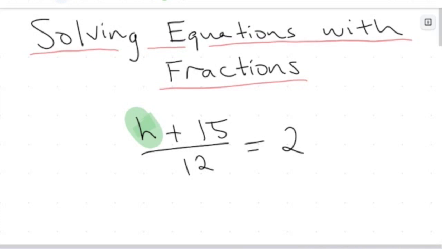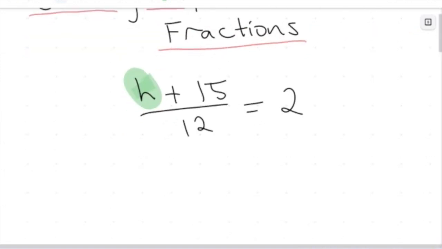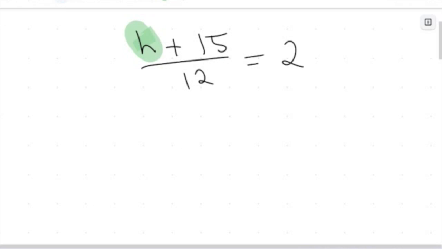You're now hopefully getting into the habit of spotting this and being able to solve these types of equations. So let's just get straight into it for this first example.